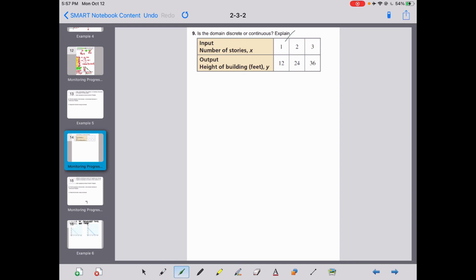So while this shows whole numbers, we can say between 1 and 2 stories would be about 1.5 stories of a building. And we can talk about the height of the building around that. So yes, you can have a part of a story when you're describing the height of a building. So this function is continuous.